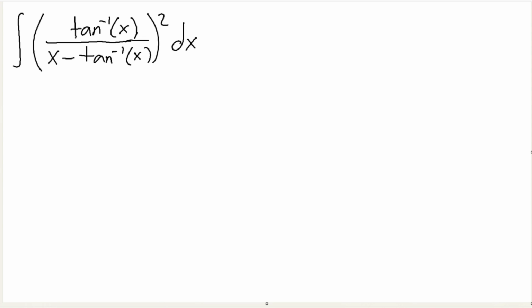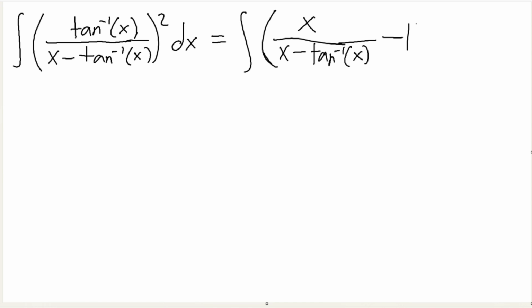I gave the last integral the hardest integral. And this is a very difficult quotient rule integral to see. So here we don't go straight forward to quotient rule because there is none. It won't work. So the trick here is that you actually do minus x plus x, and that results to x over x minus inverse tangent, minus 1 squared dx.